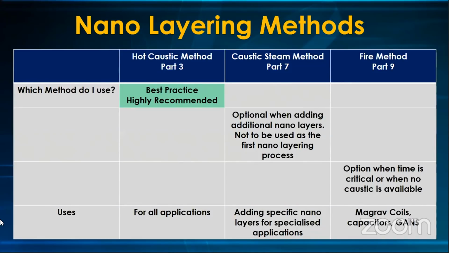For amino acids to be formed in GANS production, does it depend on the quality of the nano layers on the metals? No, it depends on the conditions created by the created GANS materials. When you have the GANS, it's already the GANS which changes the conditions in order to attract the amino acids. The plates are not what attracts the amino acid.